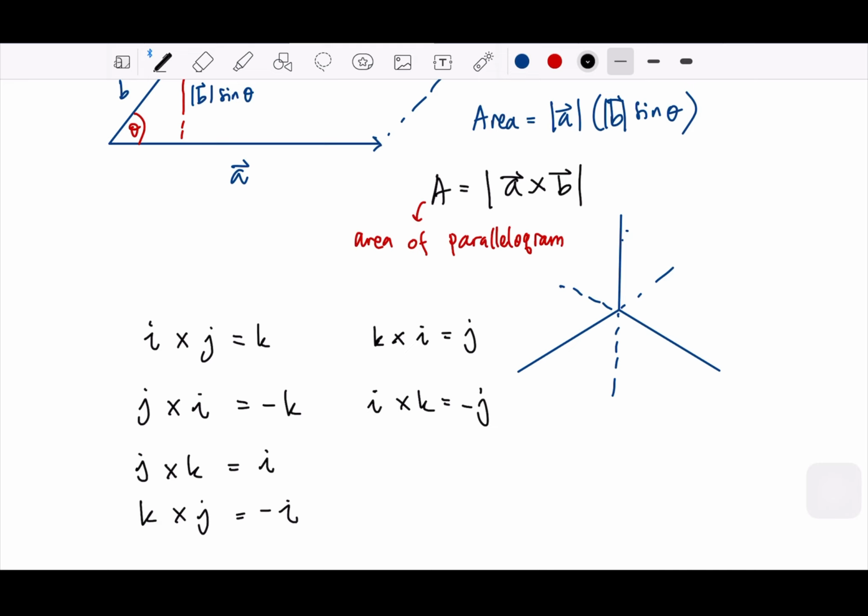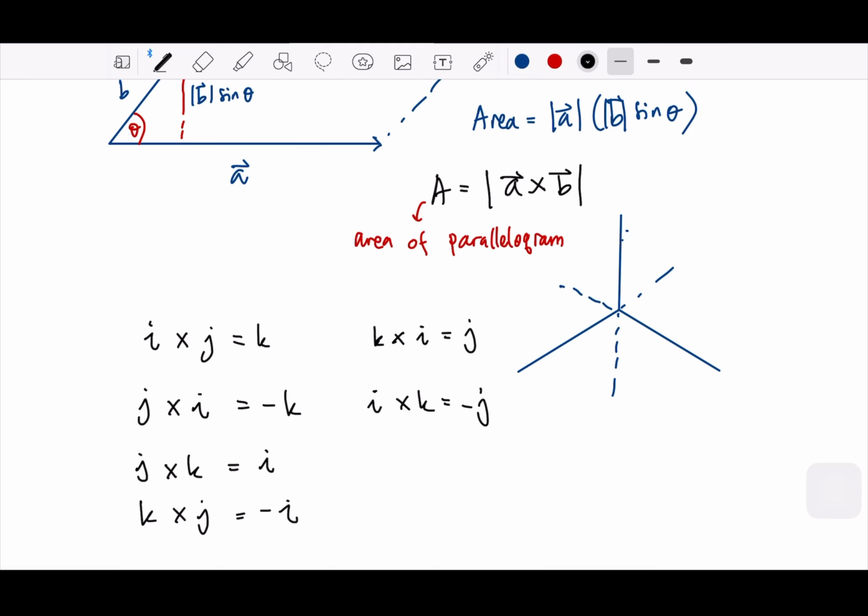It does not necessarily have to be memorized, but you can just use your right hand rule to check that this is true. Okay? For example, J cross I. So it's J here and cross I. So it should be going there. So it should be going negative.